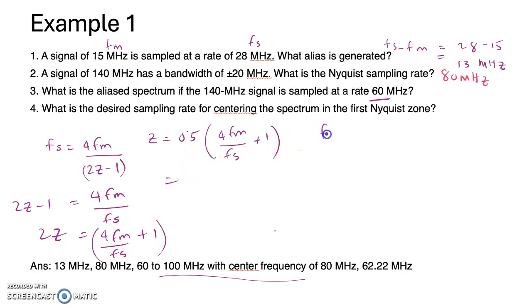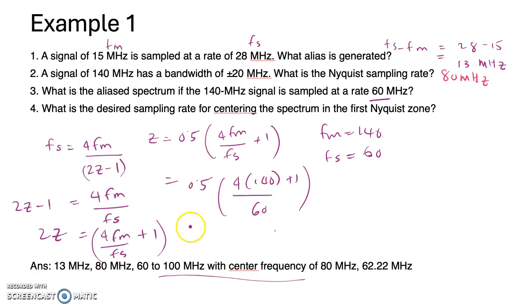So given Fm of 140 and Fs of 60 megahertz, for question number 3, I'm trying to plug this in. 4 times 140 plus 1 divided by, this is wrong, and then we have 60 as our sampling frequency. Let me use my calculator real quick. This is going to give me a value of 5.16, or 5.